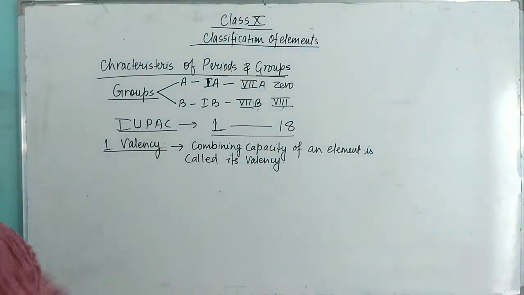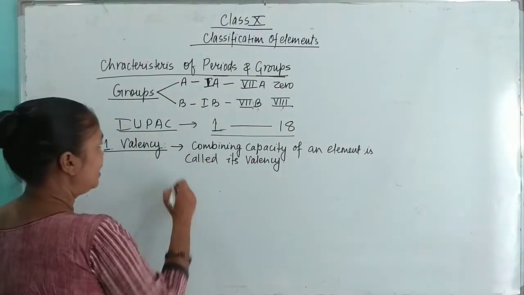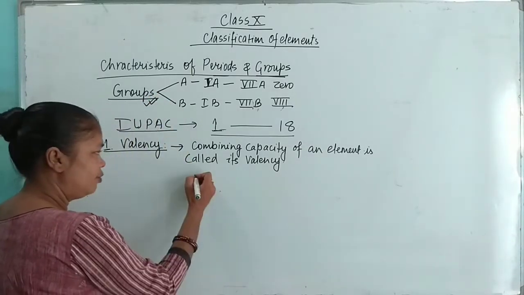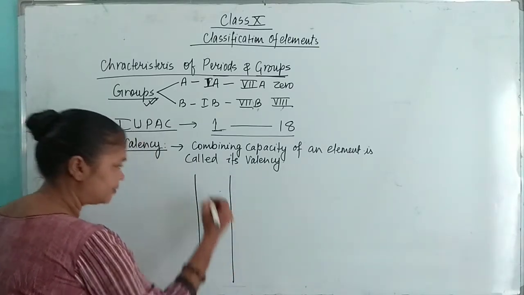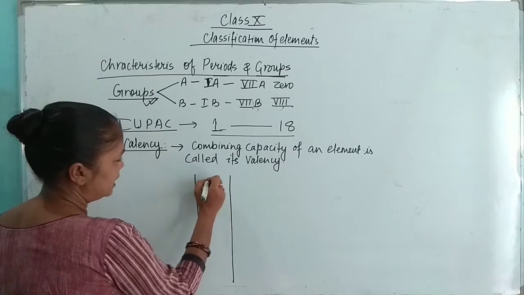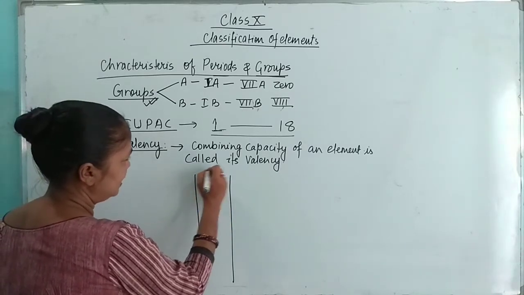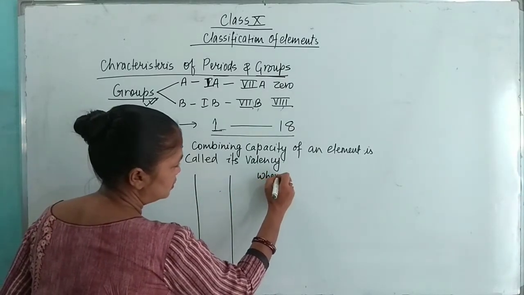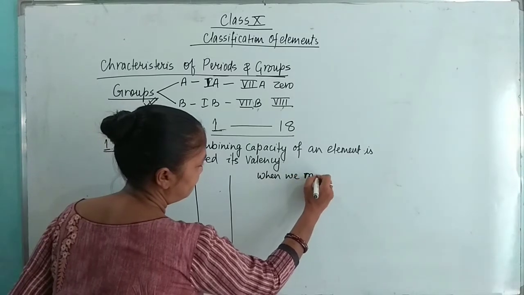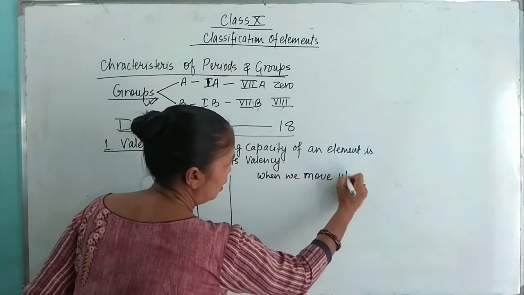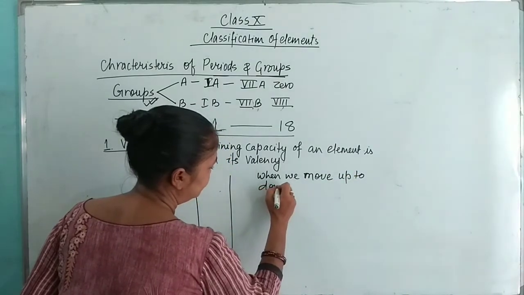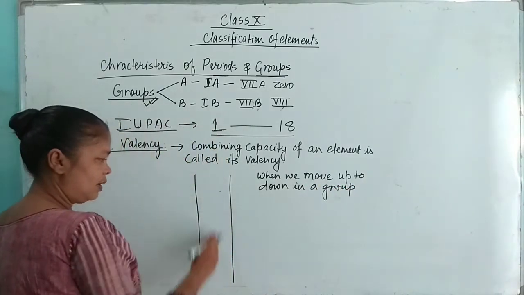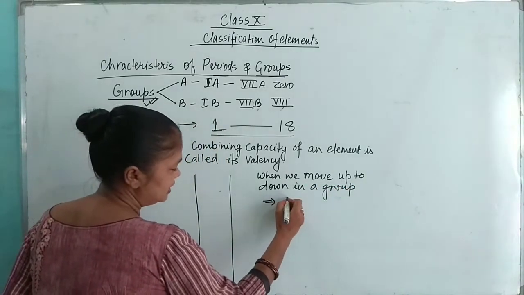The valency is the combining capacity, and here we are discussing the characteristics of a group. When we move up to down in a group, what happens to the valency? As we move up to down in the group, the valency remains the same.